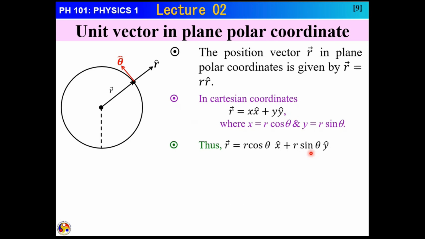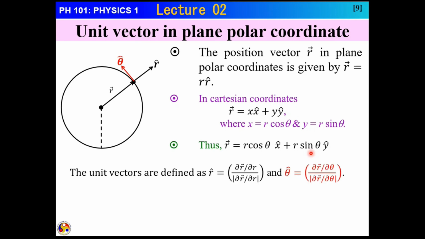Now, mathematically, how do you define these two orthogonal unit vectors for this coordinate system? If I want to talk about the unit vector r cap, physically we say that the unit vector is in the increasing direction of r.